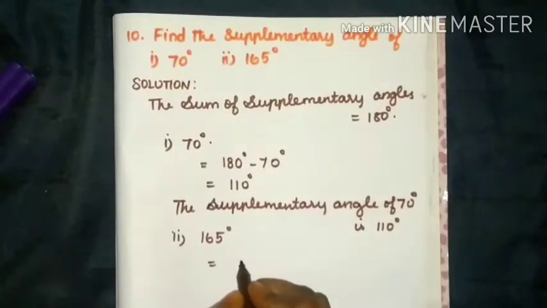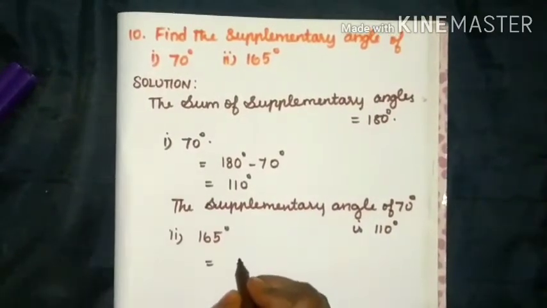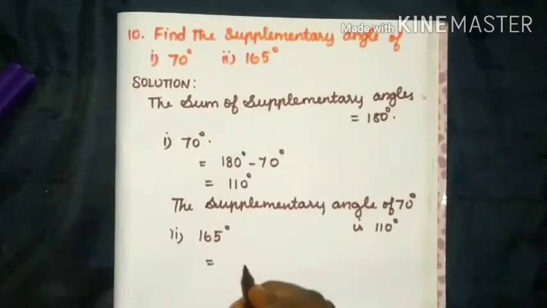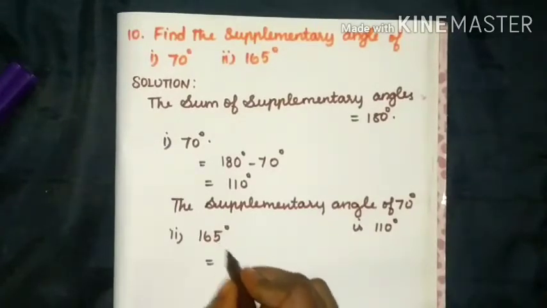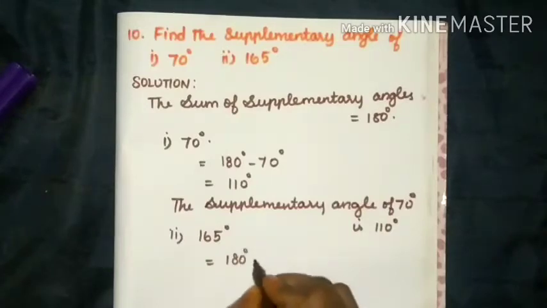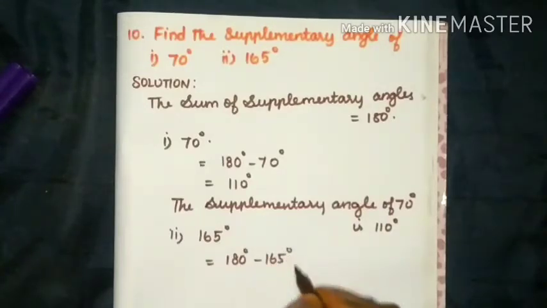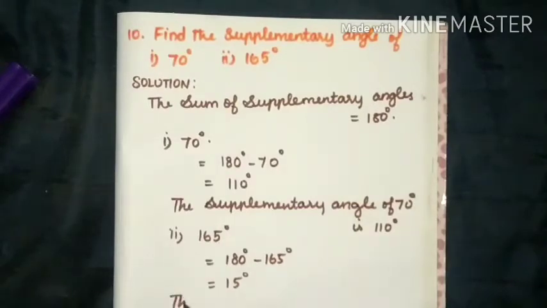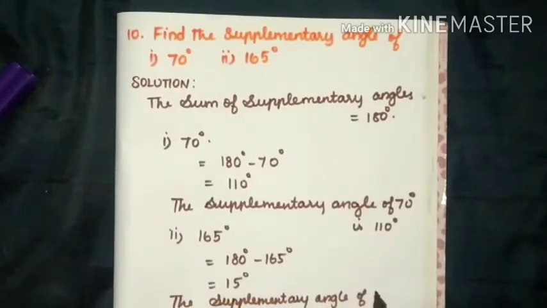To find the supplementary angle of 165 degree, just subtract the given angle from 180 degree. 180 degree minus 165 degree is 15 degree. Therefore, the supplementary angle of 165 degree is 15 degree.